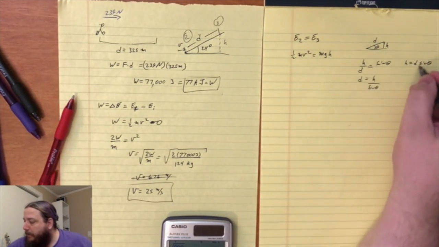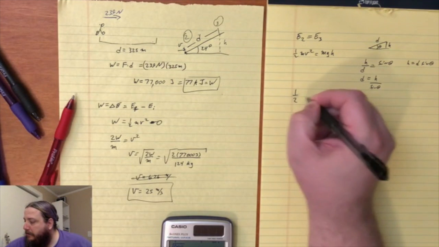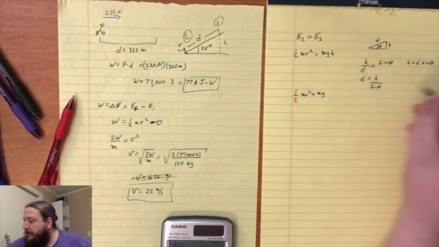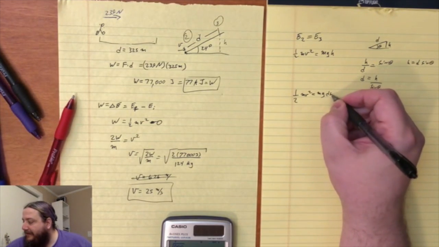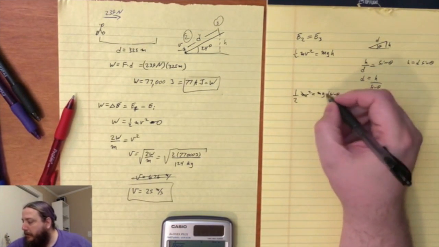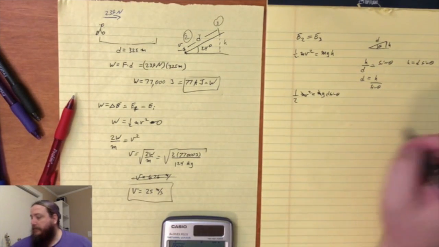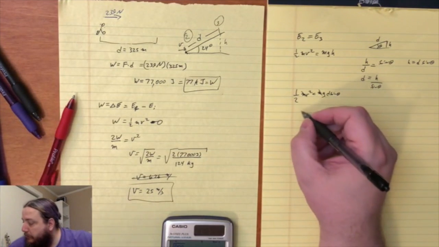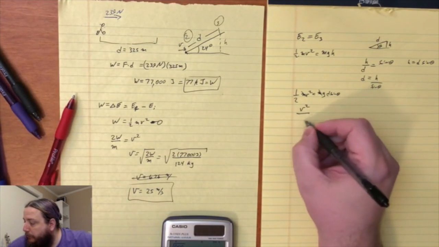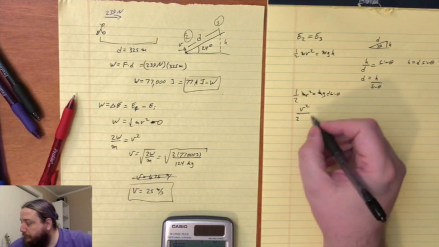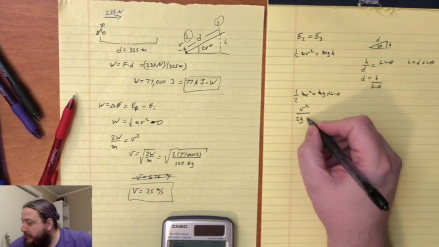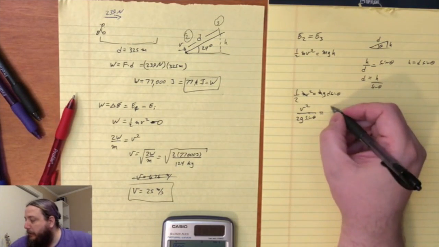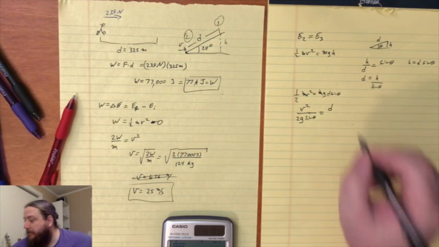We can plug that back in over here. So 1/2 mv squared equals mg times d sine theta. We can cancel the masses and solve for d. So v squared over 2g sine theta is our distance d.